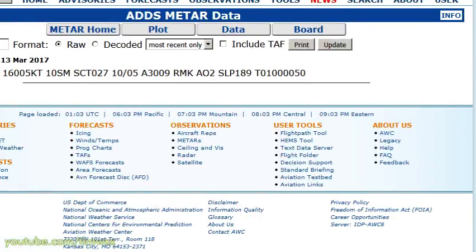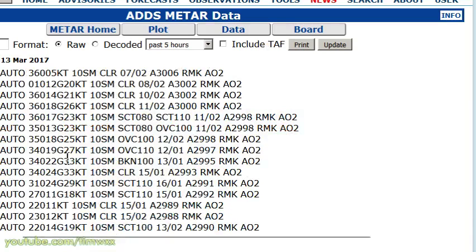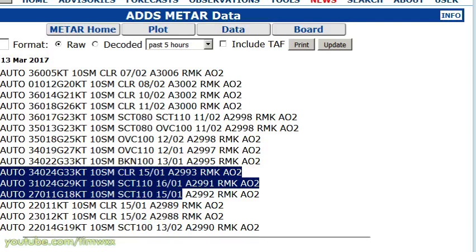So we can actually use this METAR interface to look at the changes in the meteorological variables right there. We can see it looks like the front has probably come through right around 21Z, so about 3 to 4 p.m. here.